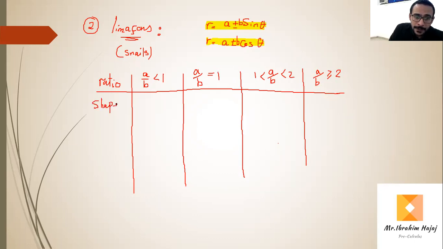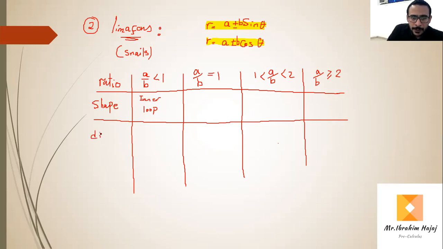The shape in each case. The shape when A over B is less than 1 is called inner loop. What's the diagram? It will be like this. For example, when we take sine, we know that sine is on the y-axis, so let's draw it here.